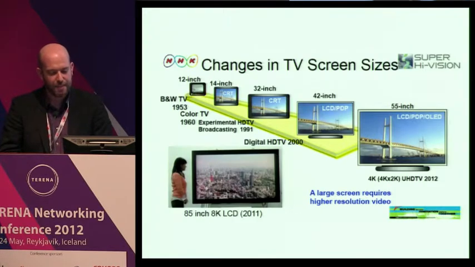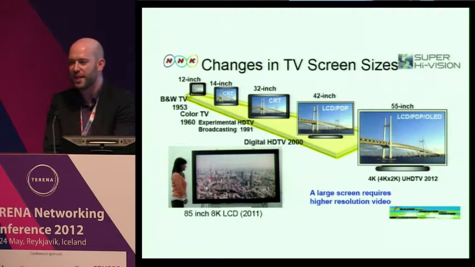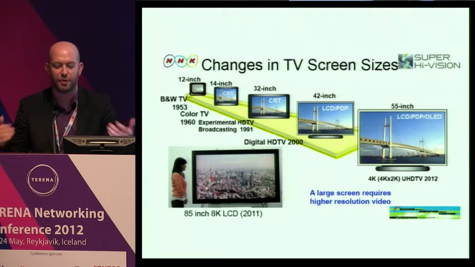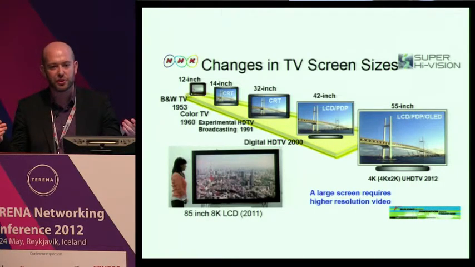So this all came about because people's televisions are getting bigger. The technology to make bigger televisions is getting cheaper, so a lot of people now will have 40, 50-inch television screens in their front rooms. But of course, the pixels have got to keep up, otherwise there's no point in having a bigger television.